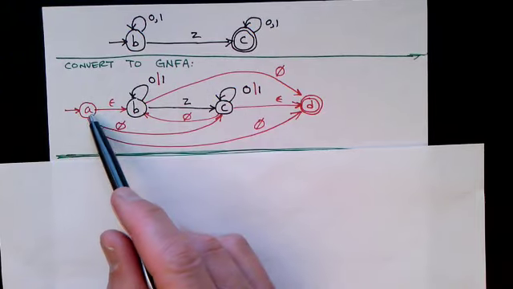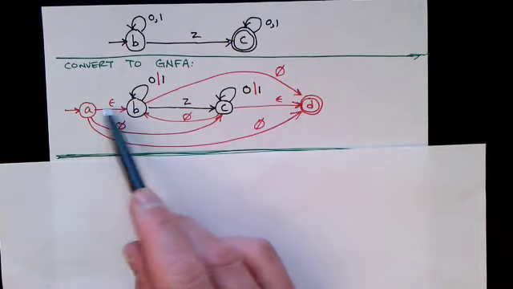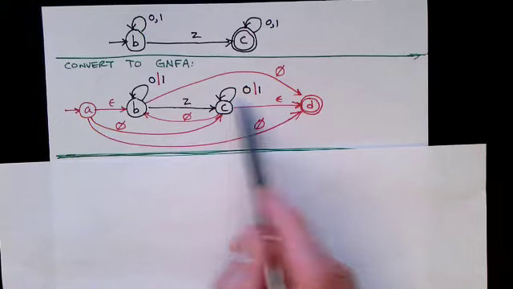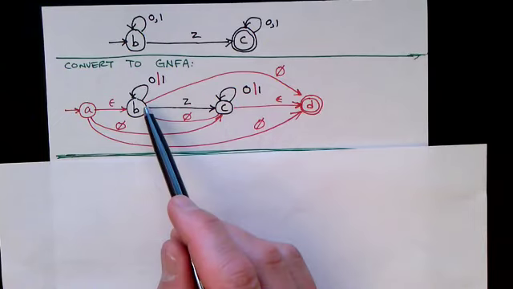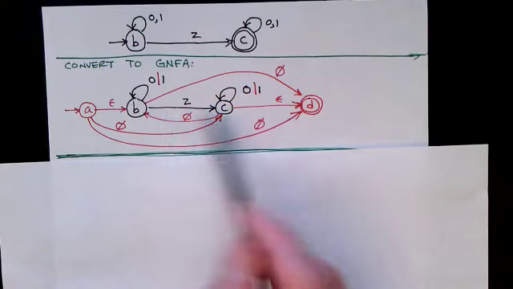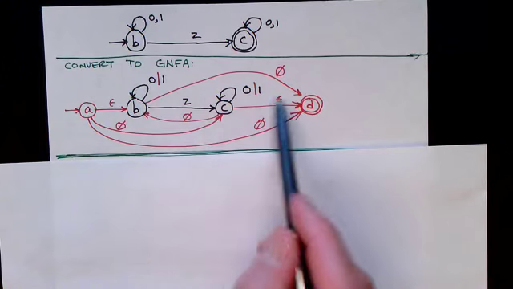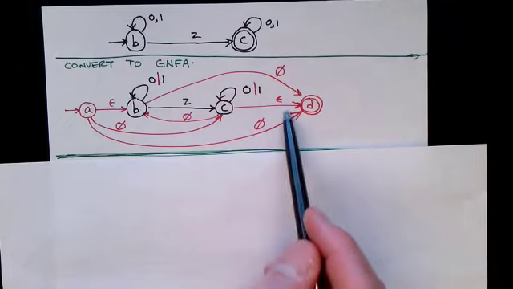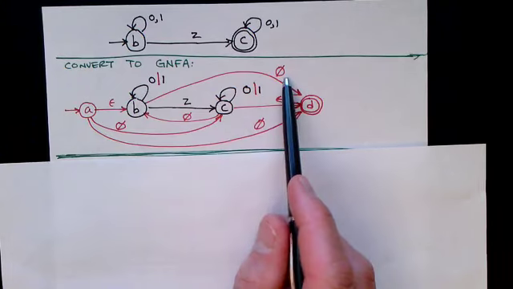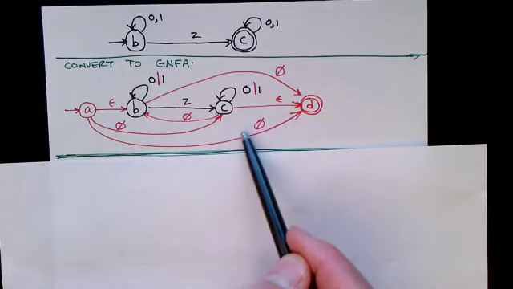We add a new starting state, which I'll call A, and a new final state with epsilon edges. Okay, and then we add all other edges. So between every pair of states, we need an edge. So from all of the other states to the final state, we have edges labeled empty set, and from the initial state, we have these edges.